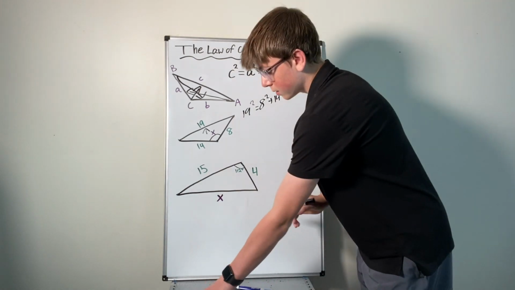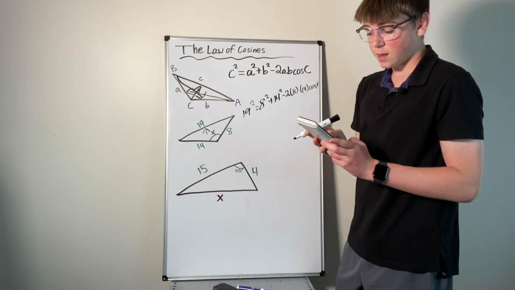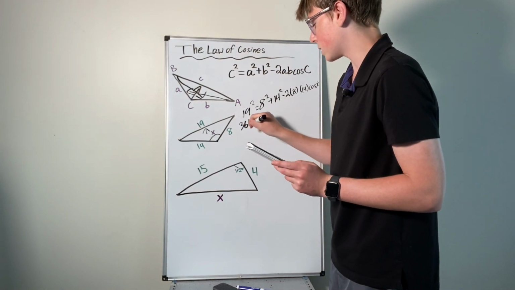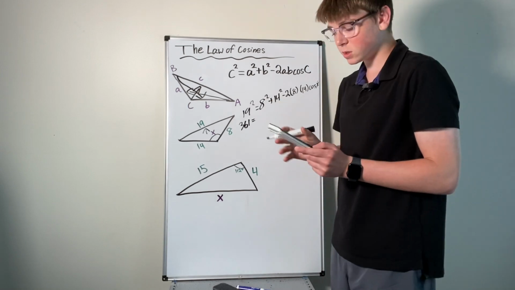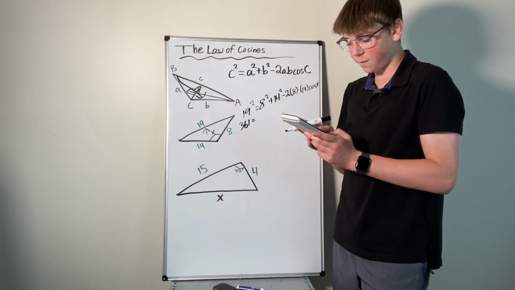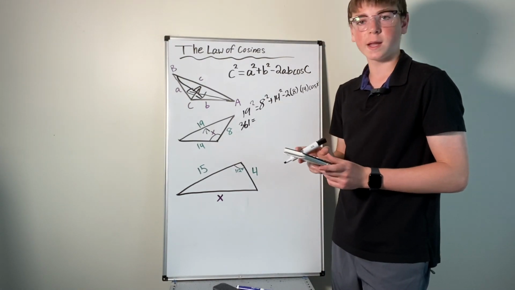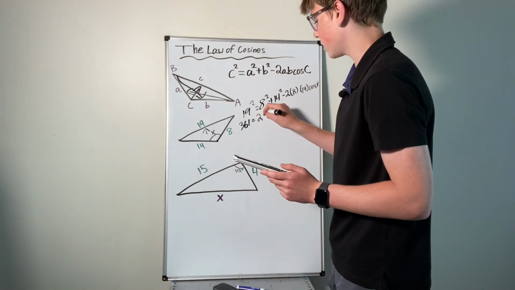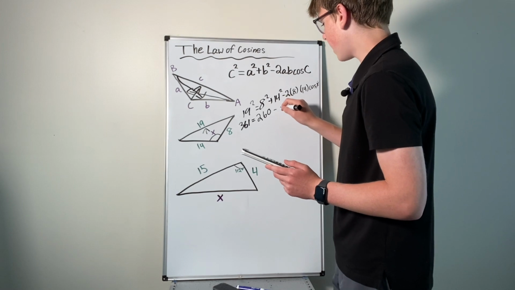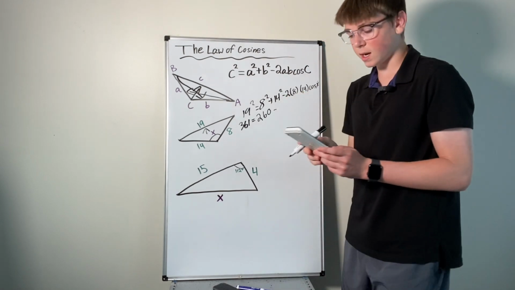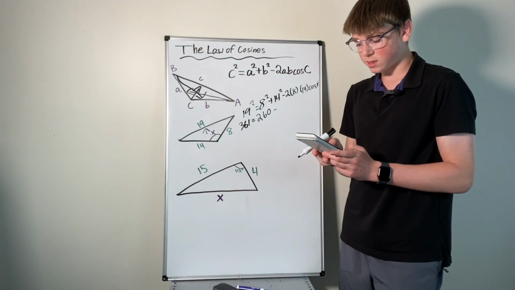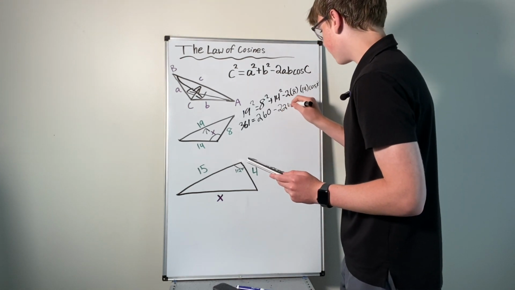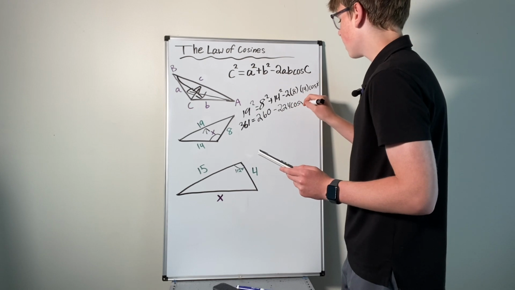So getting the calculator out for this one, 19 squared is equal to 361 equals 8 squared is 64 and 14 squared is 196. So 196 plus 64 is equal to 260. And then minus 2 times 8 is 16, and 16 times 14 is 224. So minus 224 cosine x.